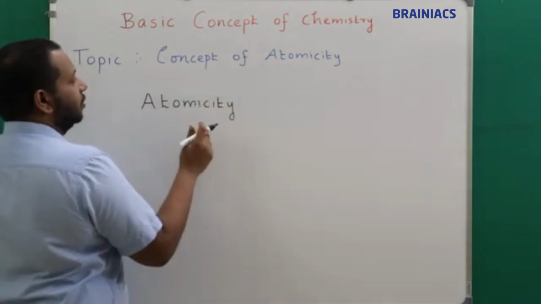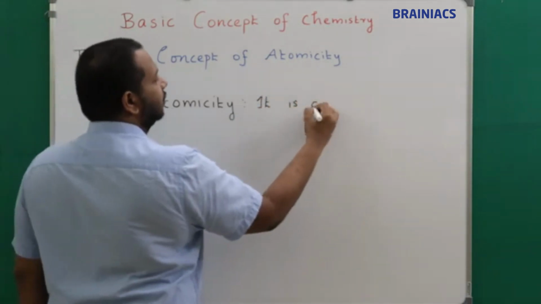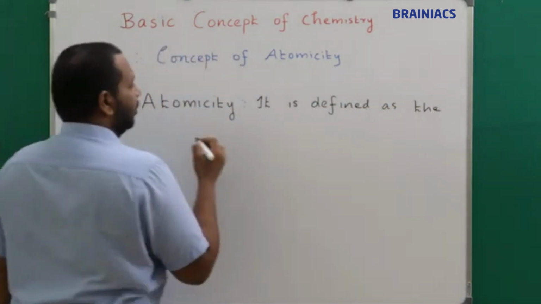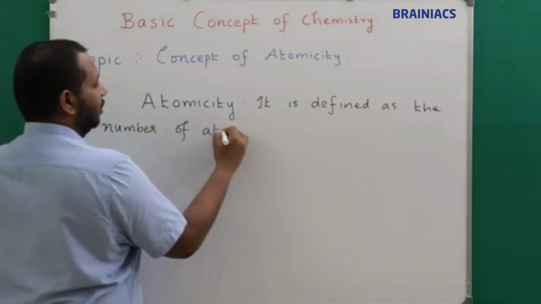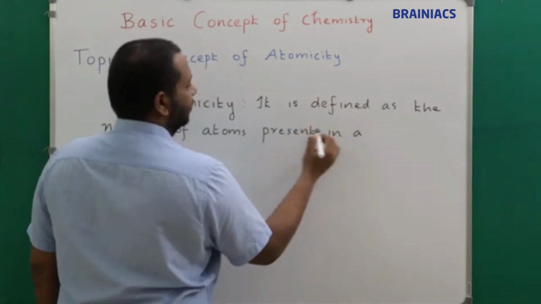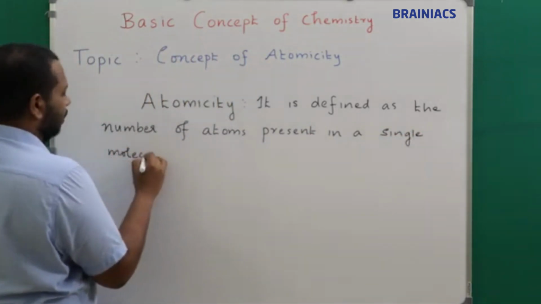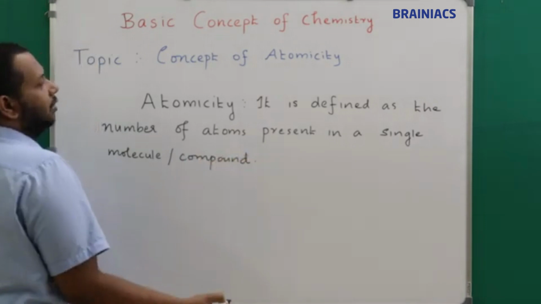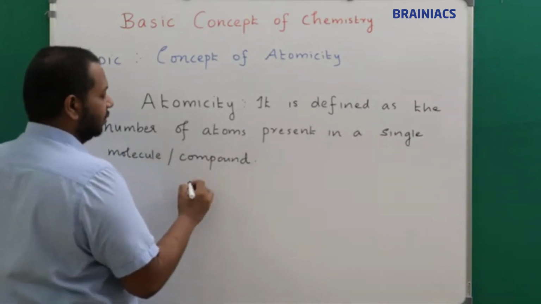Atomicity is defined as the number of atoms present in a single molecule or compound. Now we will see some examples.